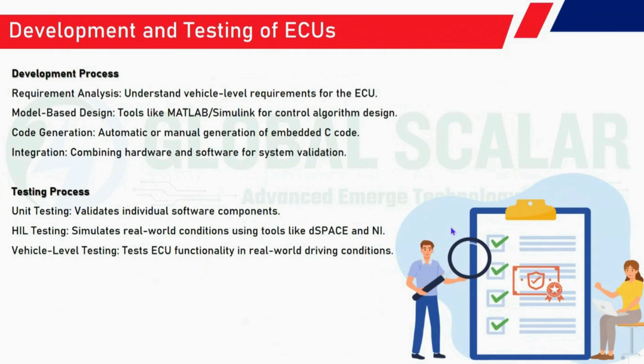And once that is available, the model is converted into the code level, and once the code is generated, then it will be integrated with the hardware and software, and we perform the validation. It is a part of verifying whether the requirement is developed and performed well or not. It is a part of the system process towards the ECU, how we are able to develop it. And testing, specific to the ECUs, we can perform unit level testing, HIL level testing, and vehicle level testing.